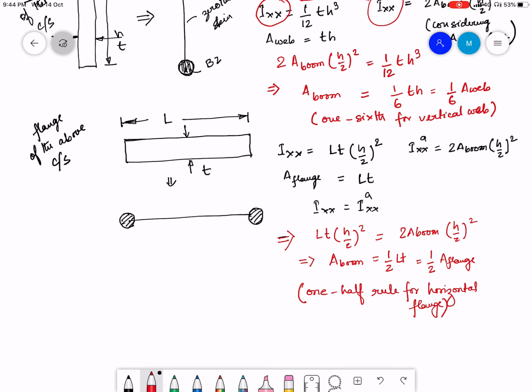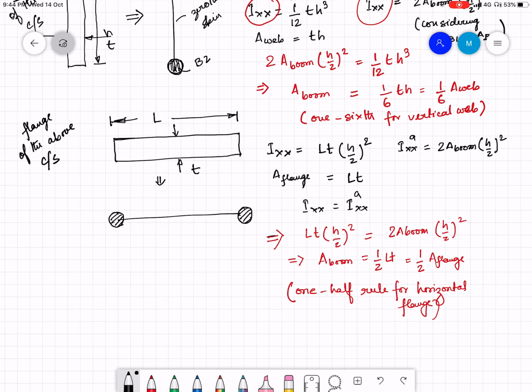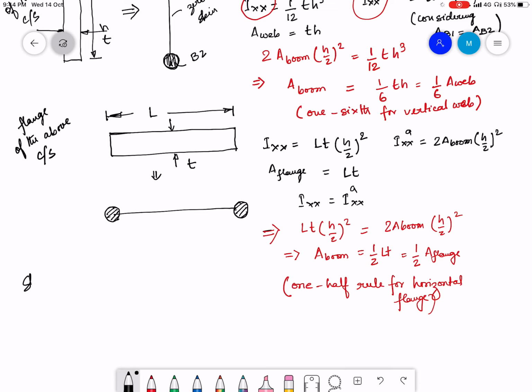Next is the stringer at 1. The area of the stringer is to be exactly equal to the area of the boom.